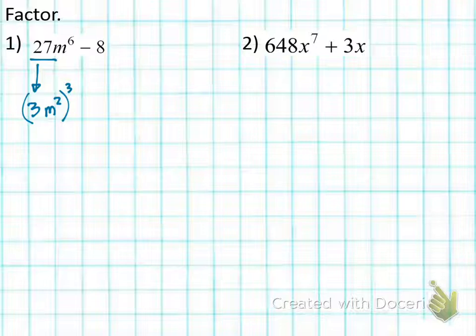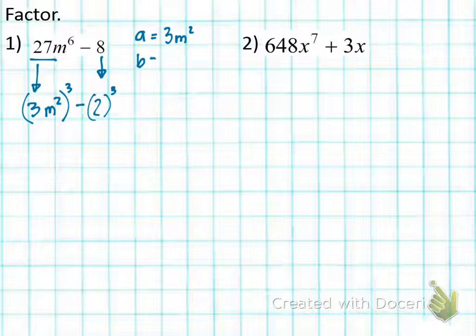So this is our a, and then our b, the cube root of 8 is 2, because we know 8 could be represented as 2 cubed. So that means our a is going to be 3m squared, and our b is going to be 2.